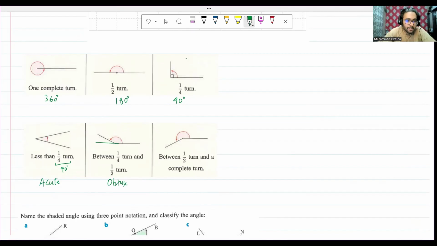As long as it is less than 180 degrees, it's an obtuse angle. And once it crosses a straight line and bends in this direction, this is called a reflex angle, because this has now increased past 180 degrees, right? Starting from here all the way up until here is 180 degrees, and if you go even further, it becomes a reflex angle.